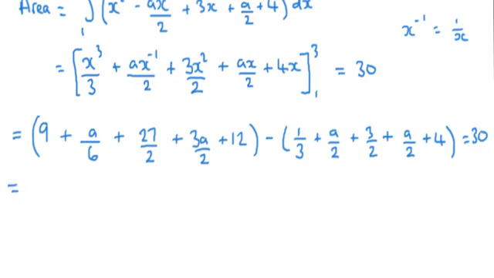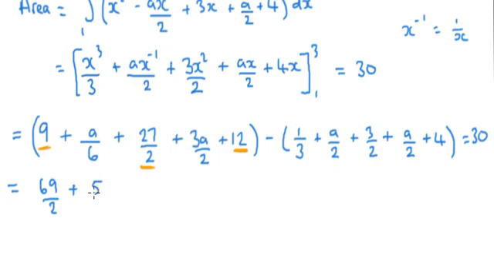So let's collect up the constant terms first. We've got 9. I'll do this on my calculator. 9, we've got 27 over 2 and 12, which is 69 over 2. So that was this term, and this term. The a, we've got an a over 6 and a 3a over 2. So 1 over 6 add 3 over 2 is 5 over 3.